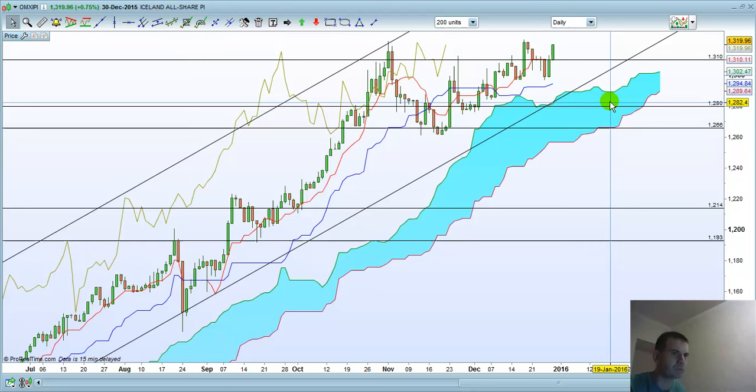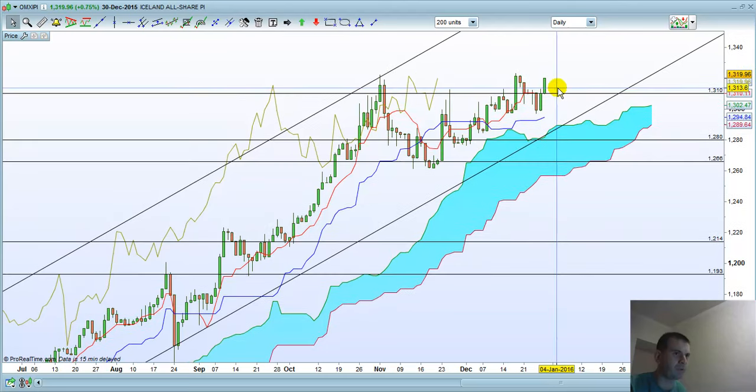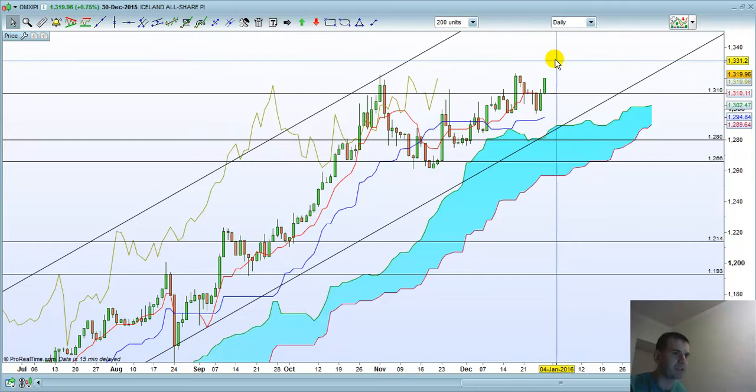above the cloud, and the cloud also moves up, and price rises now, forms bullish candles, broke this level 1.310, and keeps rising.